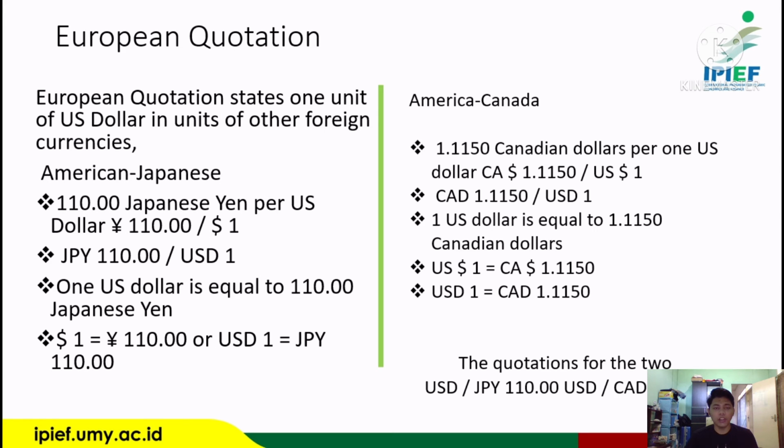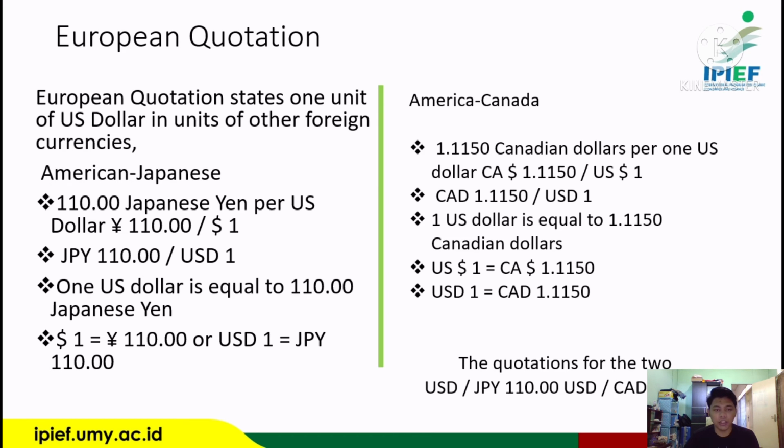For another type of quotation, there is the European quotation, which states one unit of US dollar in another unit of foreign currency. Take a look at the example from America and Japan. We know that the Japanese yen over the US dollar is 110, and we can interpret that $1 is equal to 110 Japanese yen.